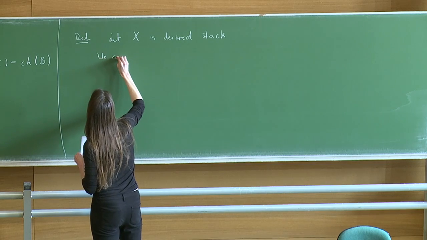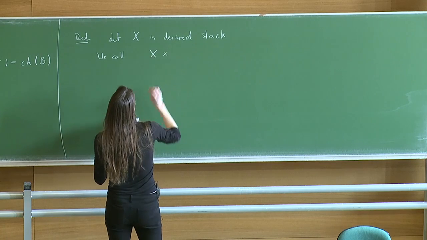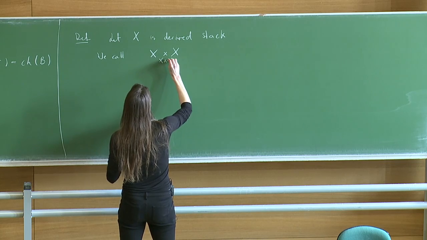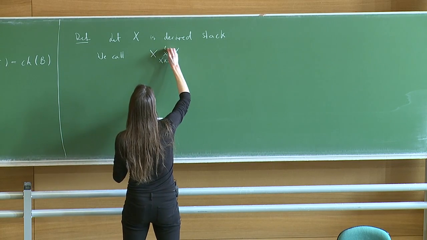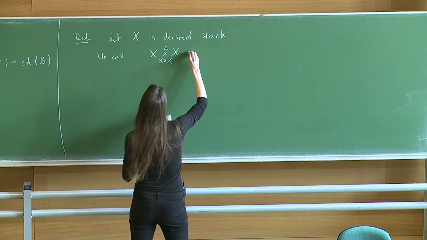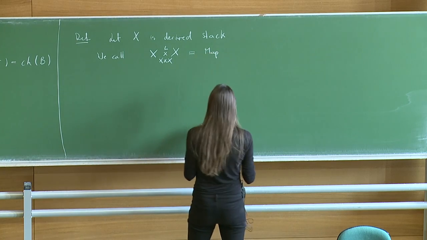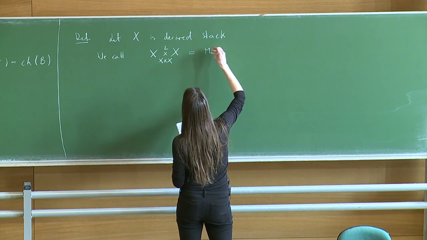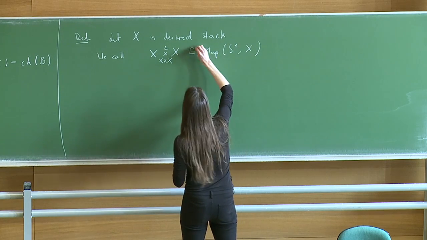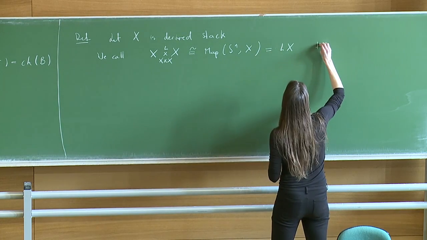And we will call the fiber product of X along its diagonal embedding, this derived fiber product, the loop space of X. This can also be written as the internal mapping space in derived stacks of S1 to X, and is denoted by L of X, the loop stack.